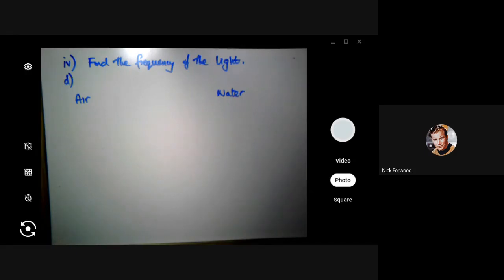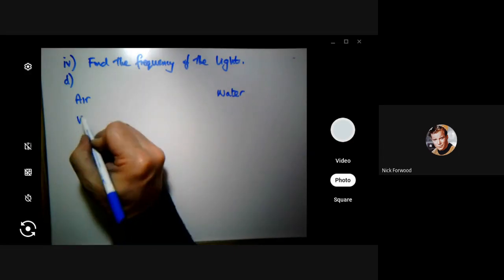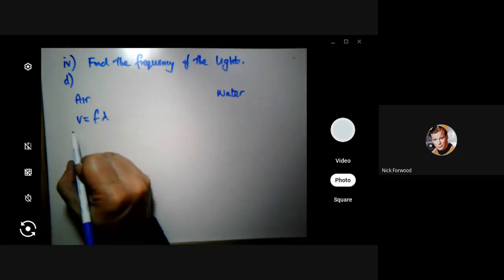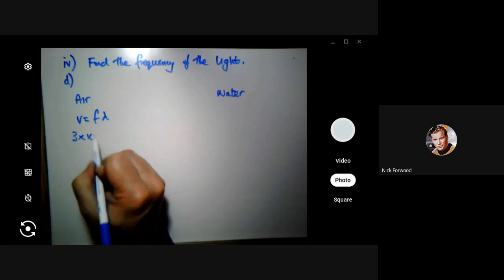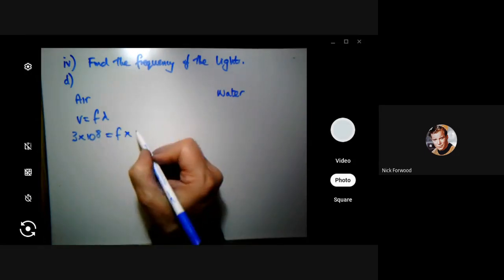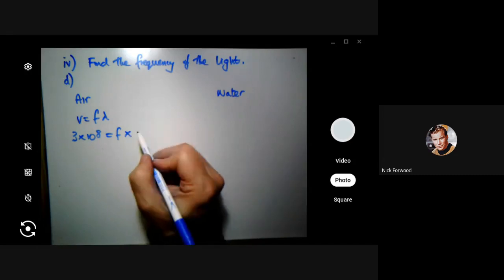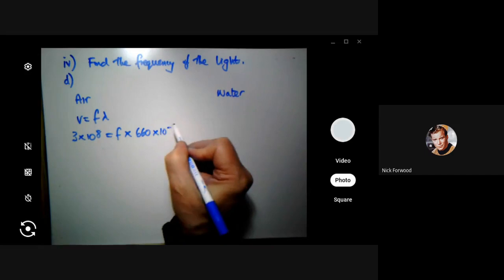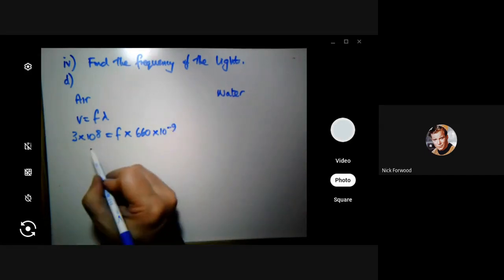So let's have a look at the air values first. We've got V equals F lambda. And in air, we've got 3 times 10 to the power of 8 equals F times lambda. Now you are going to have to change this into its standard form, which is 660 times 10 to the negative 9. And you can rearrange that.